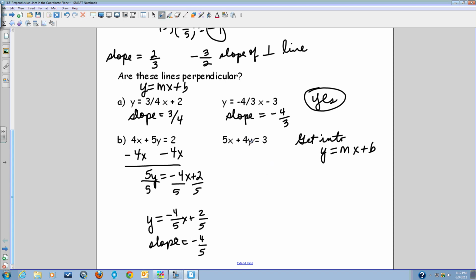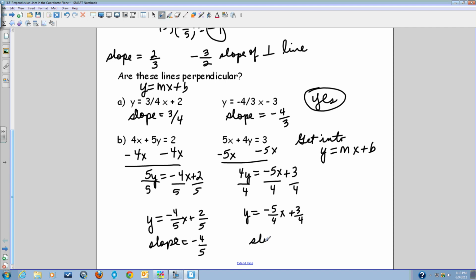Now, the next line, we need to get that into slope-intercept form, so we'll solve it for y. So we subtract 5x from each side, and we have 4y = -5x plus 3. Divide every term by 4, and we end up with y = -5/4 x plus 3/4.